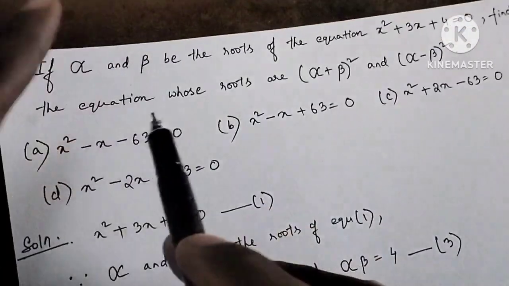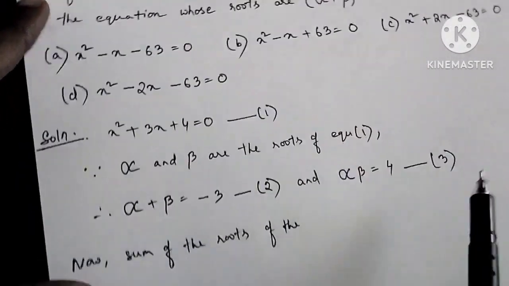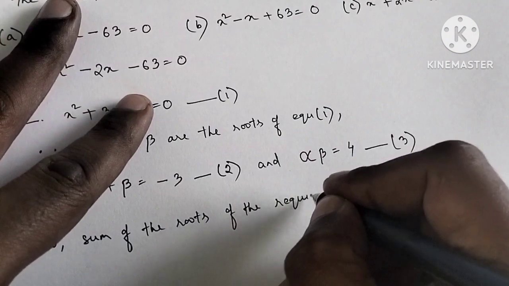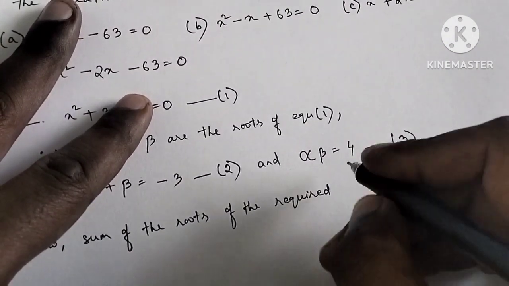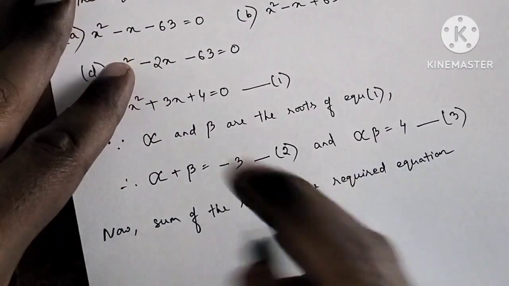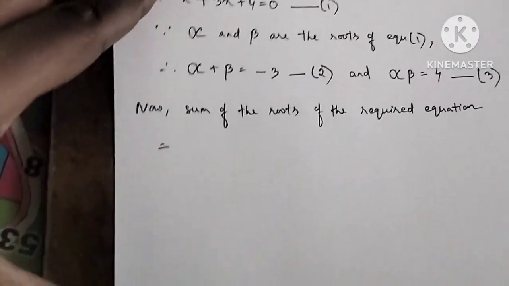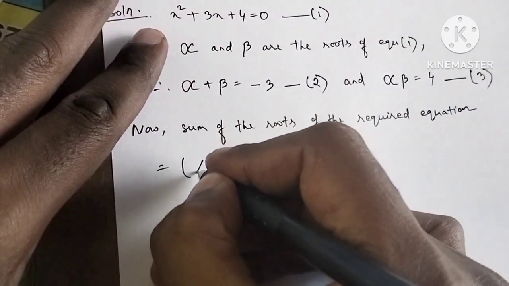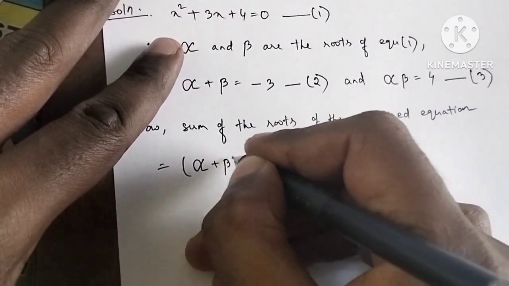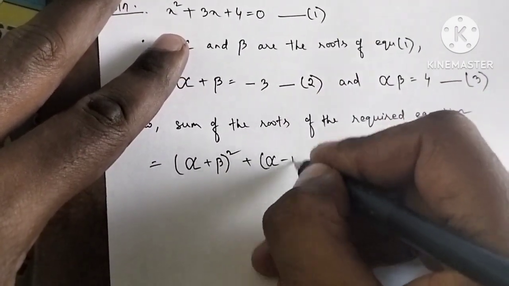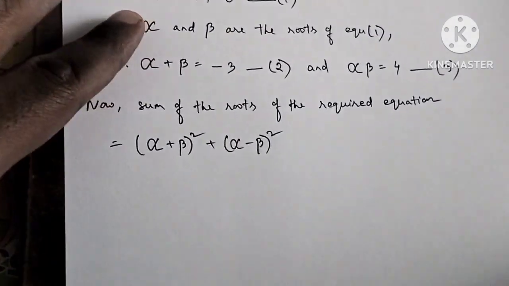The sum of the roots of the required equation will be (alpha plus beta) whole square plus (alpha minus beta) whole square.